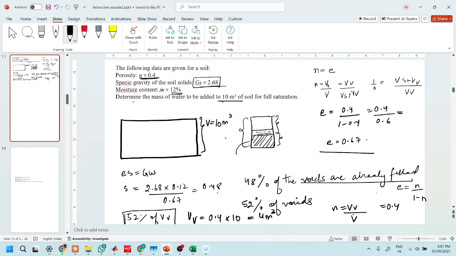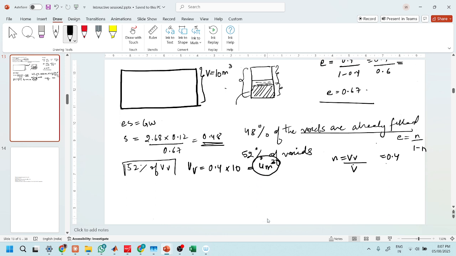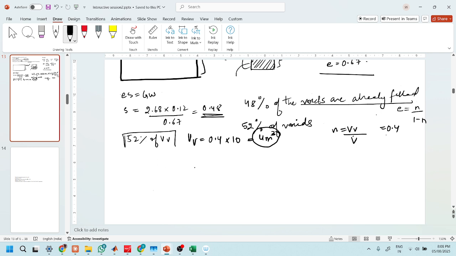So S is equal to 0.48 means that 48% of this volume is already consumed by water. This is just an intuitive way of thinking about it. Obviously, you can use any formula that you like.